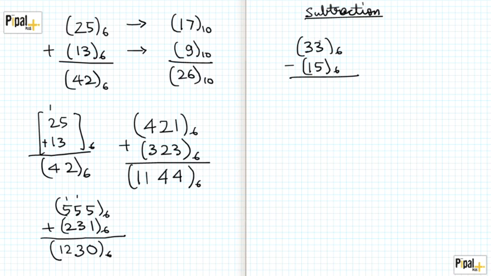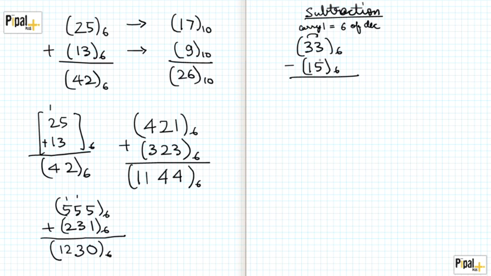So I have to carry 1 over. But when I carry 1 over, that 1 is actually equivalent to 6 and not 10, so it doesn't become 13 of decimal. It becomes 6 plus 3, 9 of decimal. So carrying 1, which is equivalent to carrying 1 from tens to ones, is equivalent to carrying 6 of decimal. So 6 plus 3, 9.